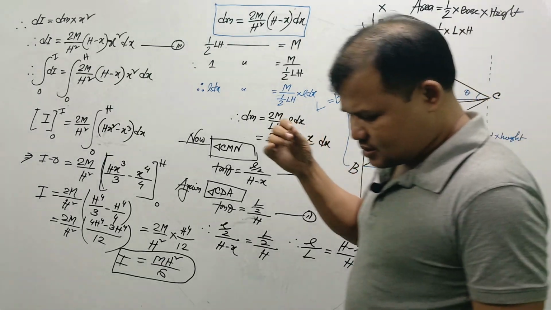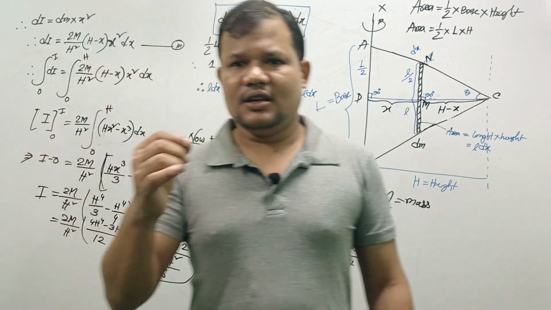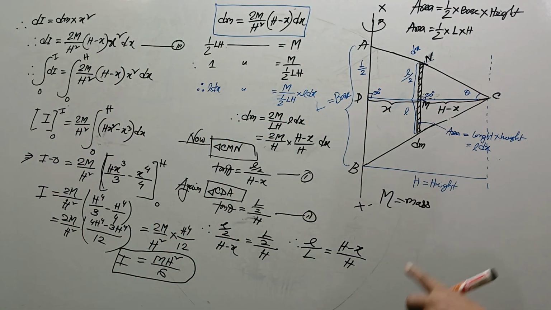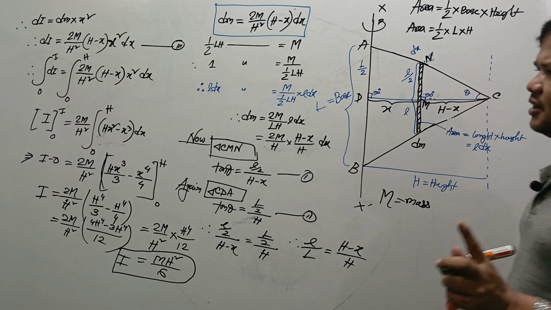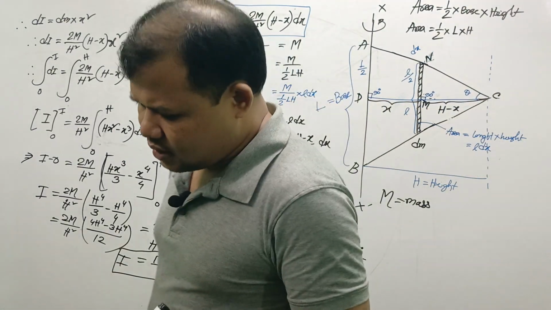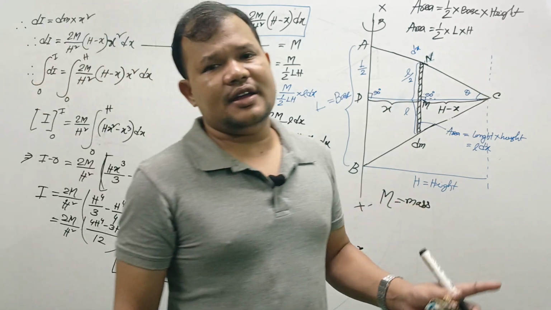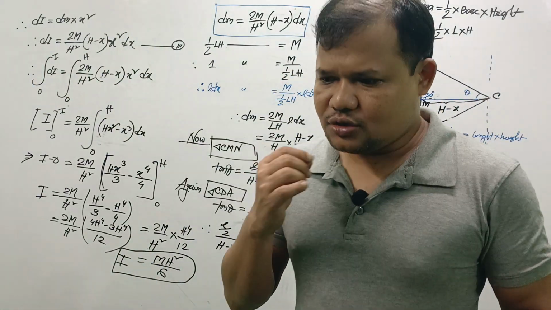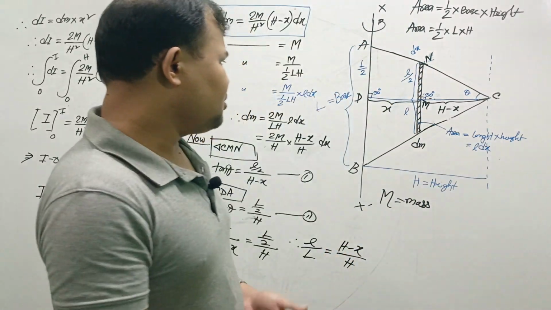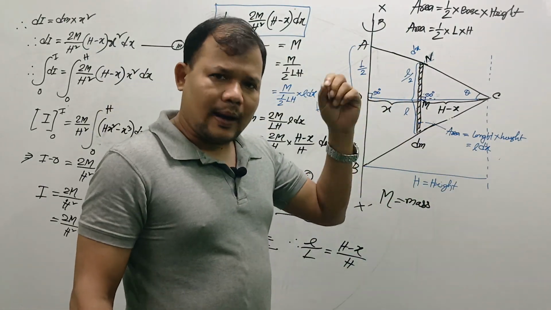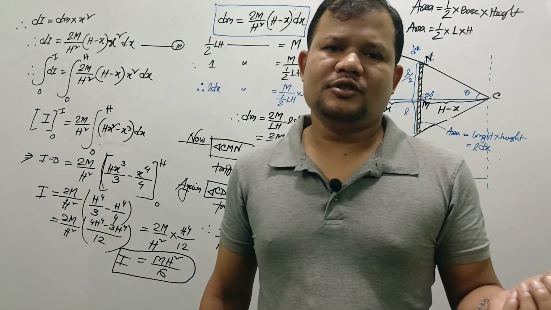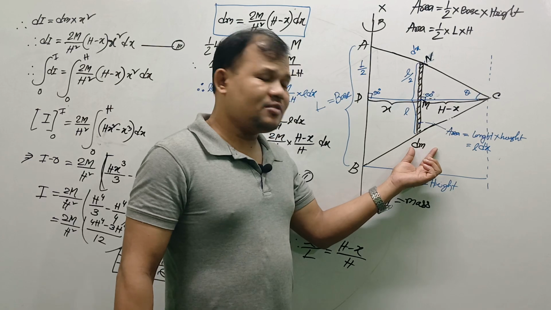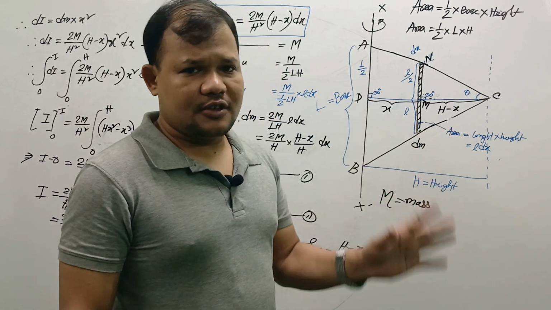Before seeing this, see the small lecture first, then you come here, and I think all of you will clearly understand. So before learning, you must keep in mind how to find the moment of inertia. Our duty is first to find the moment of inertia for a very small section. After that, our challenge is first to find the mass of this very small section.